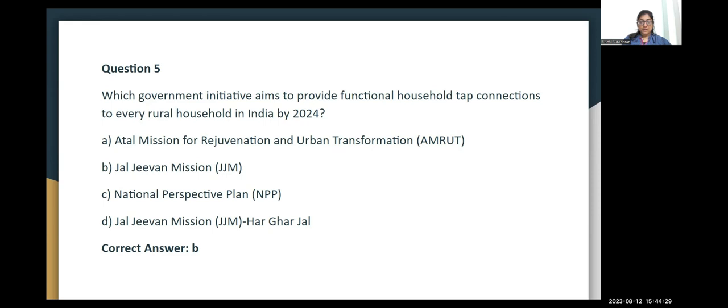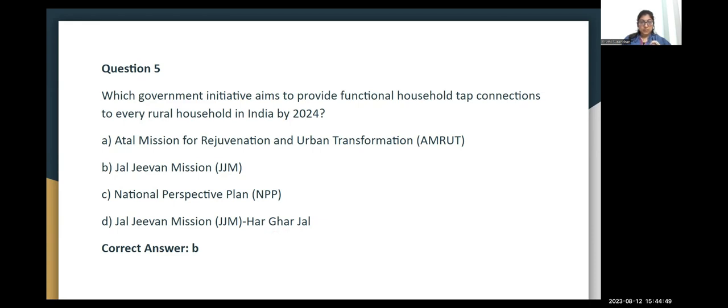I'm not sure which answer was given as the correct one. I hope they have considered people who have given option D also. This is also a small error in terms of the question. You can raise this as a question in the forum.